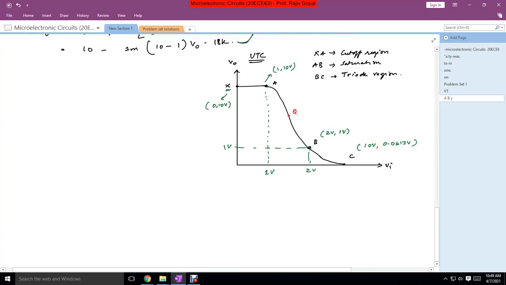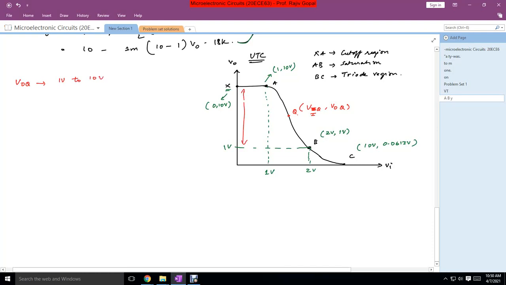And if you look at the coordinates, they will be VIQ comma VOQ. Now if you look at VOQ, okay, it is in the range of 1 volt to say 10 volts.